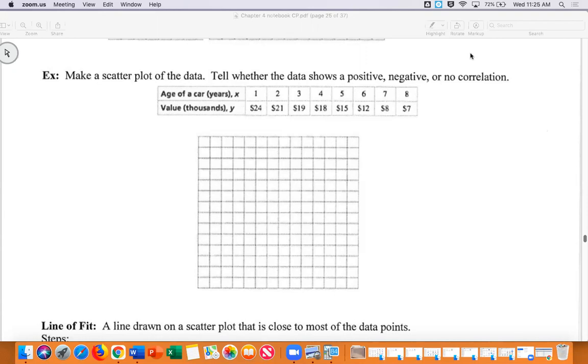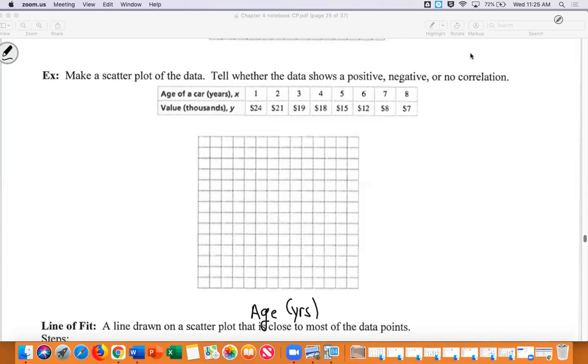So we have two pieces of data, age of a car and value of the car, and I have two axes, X and Y. Chucky, what's going to go on the X-axis? The age. So everybody, let's write down here, age, and that's going to be measured in years.